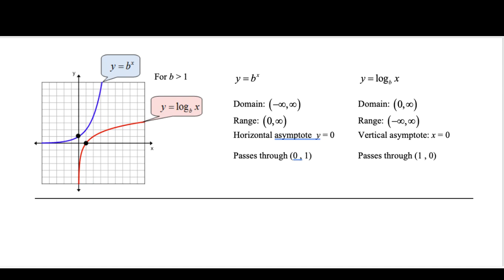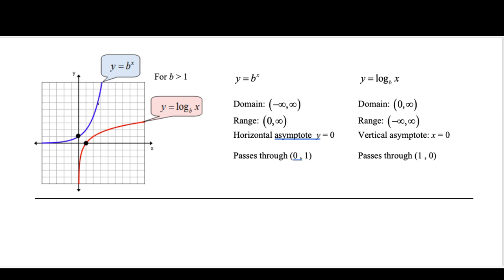And so when you graph a function and its inverse, the two graphs will exhibit a certain symmetry. The line of symmetry is the line y equals x, which just passes right through here. Okay, you can see that the two graphs are a reflection. And they exhibit a lot of kind of opposite properties, right?